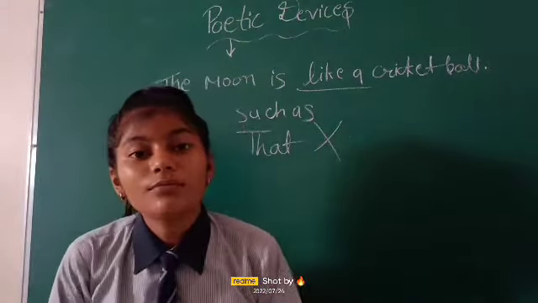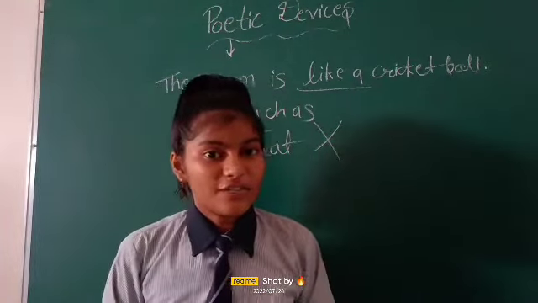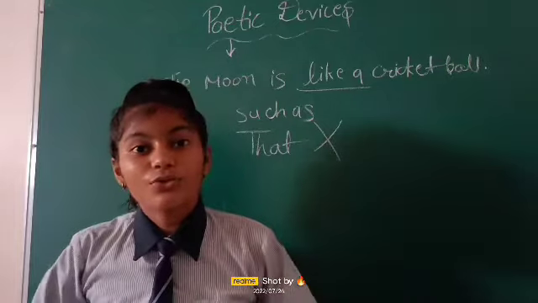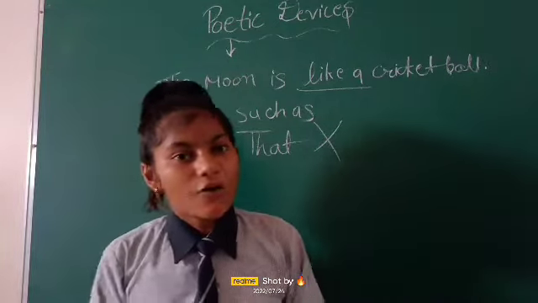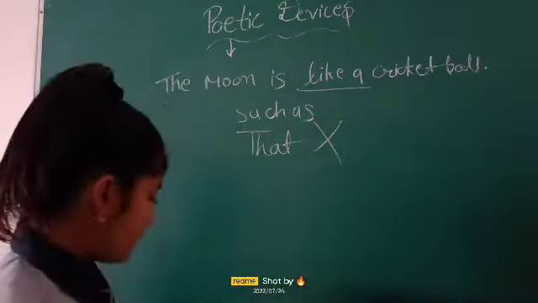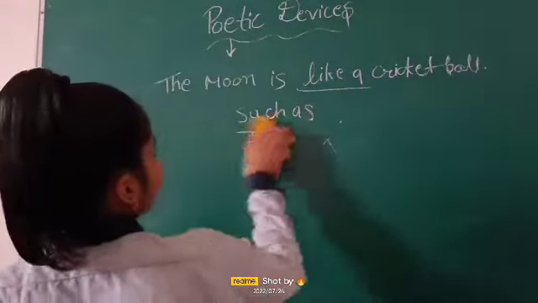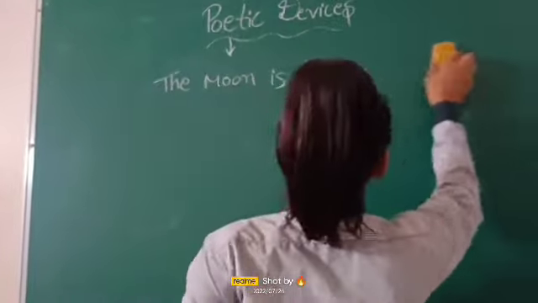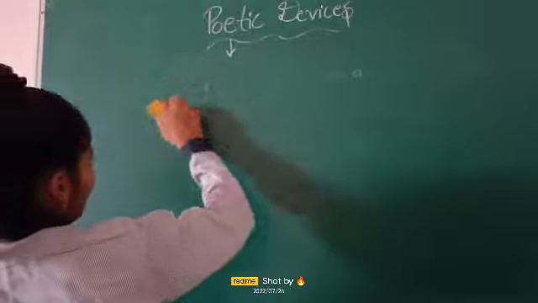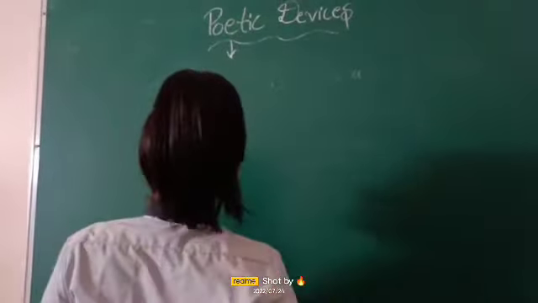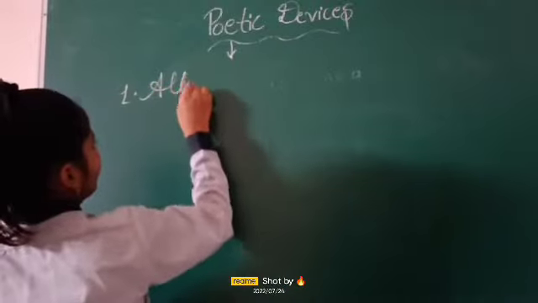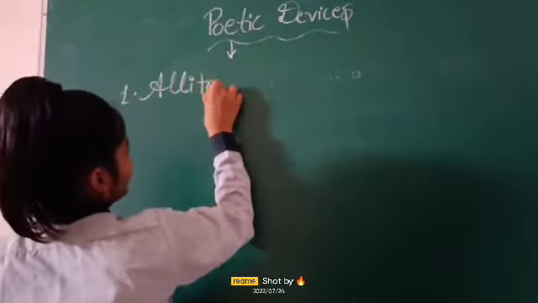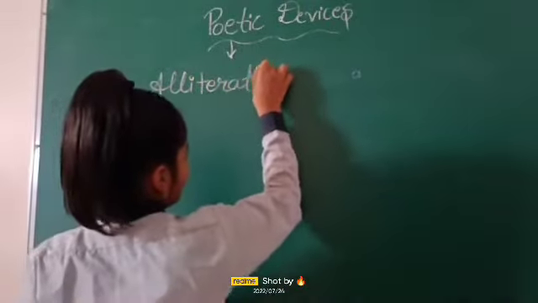Now we have some other poetic devices as well, which are used to write the stanzas of the poem. The first poetic device is alliteration. What is alliteration?